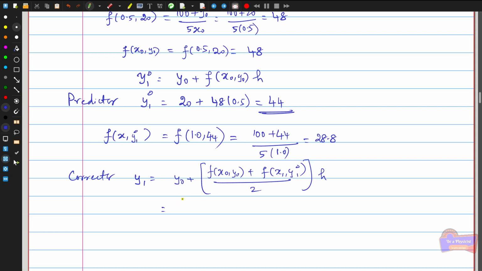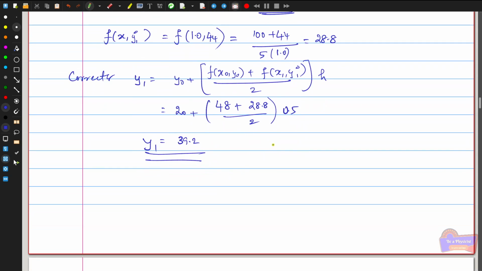I know the y0 value, the initial value 20, plus the value 48 we have calculated, plus this value 28.8, divided by 2, into the time step of 0.5. So the final answer will be 39.2. That is my y1 value.